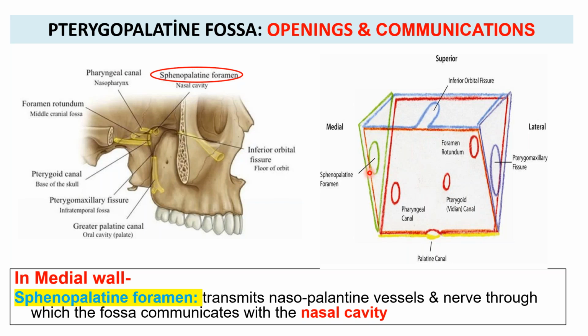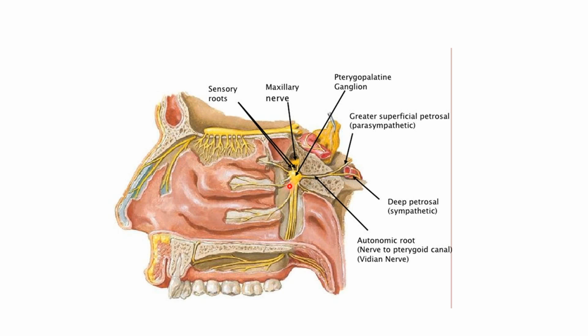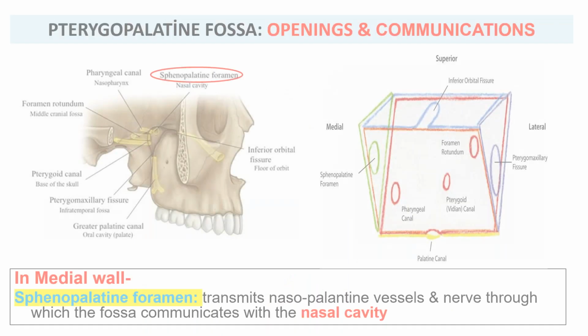You can see in the medial wall, this is the sphenopalatine foramen through which the pterygopalatine fossa communicates with the nasal cavity, and the sphenopalatine foramen will transmit nasopalatine vessels and nerve, and it will communicate with the nasal cavity over here. So in this picture again, this is the communication through the medial wall, which is into the nasal cavity.